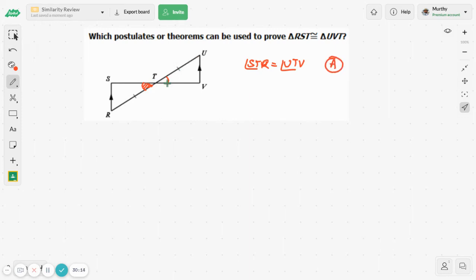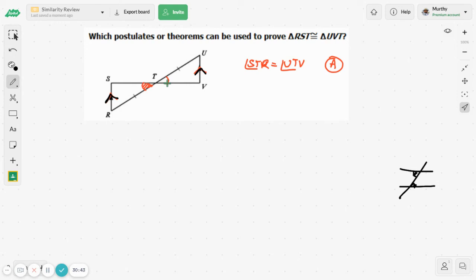And next, please notice that these arrowheads are indicating that these two lines are parallel. If the lines are parallel and it is in a Z shape, these angles are on either side of the transversal.